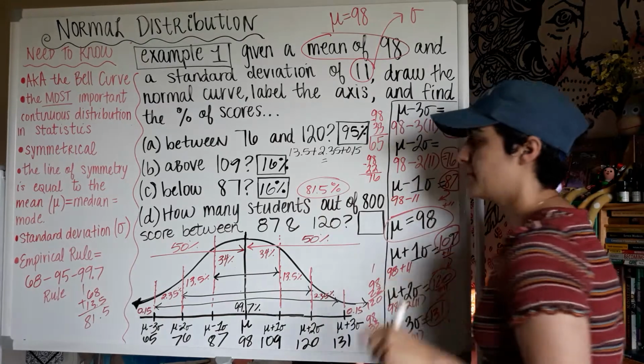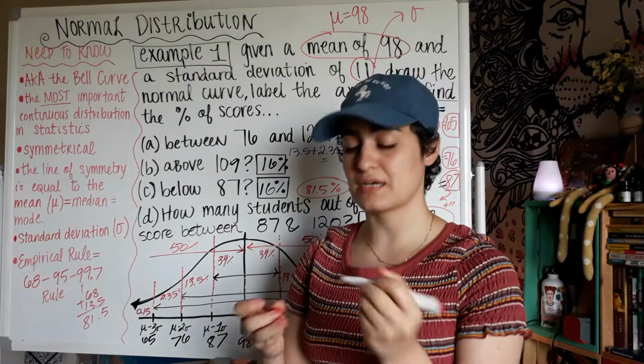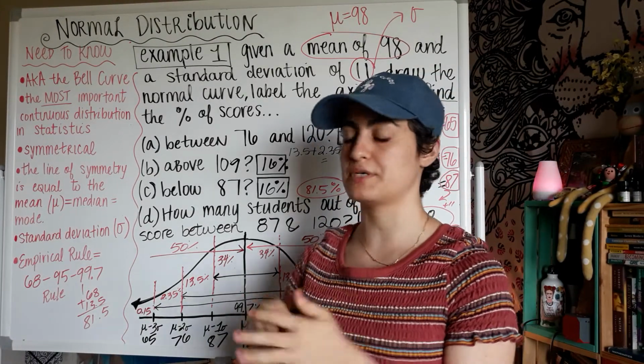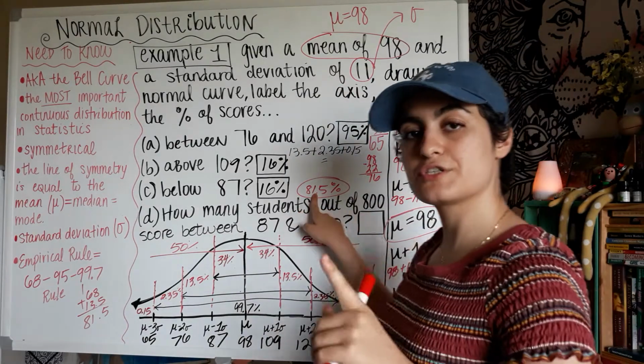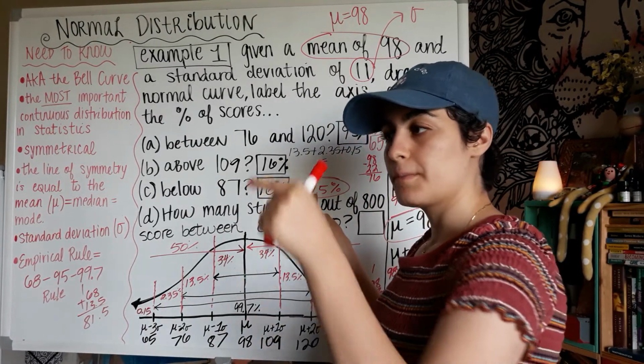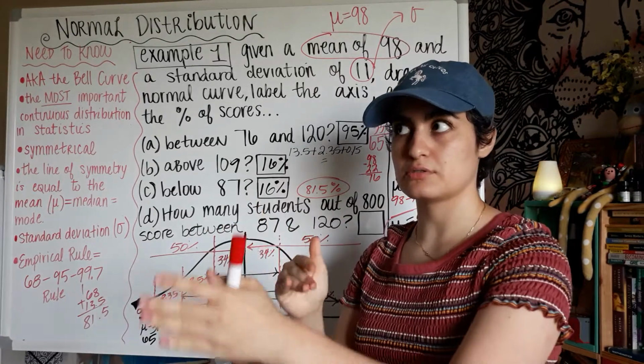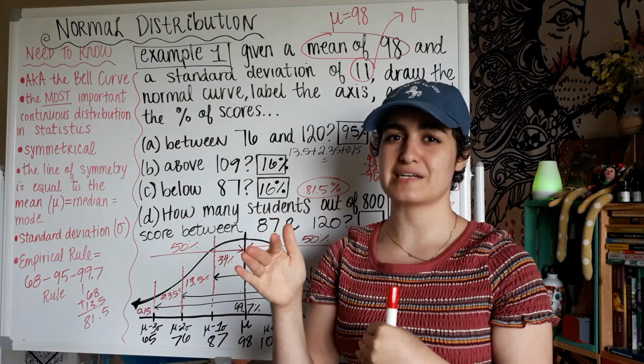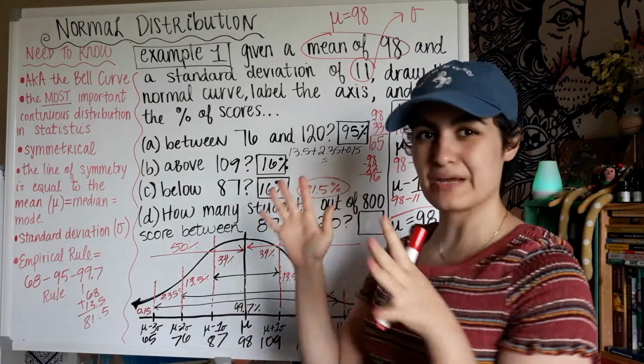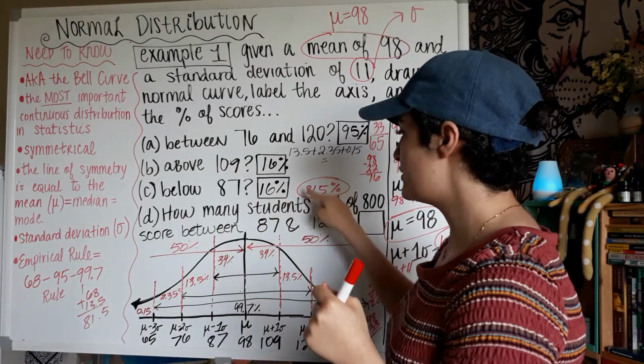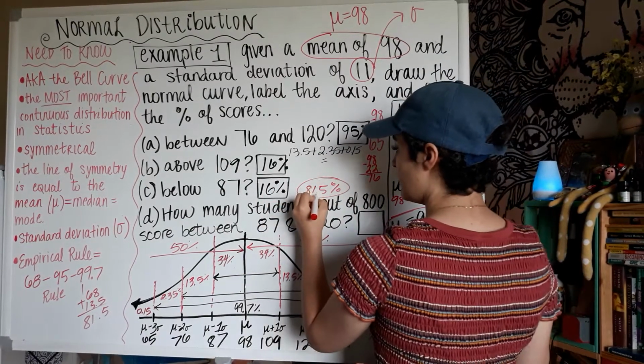81.5%. But I need the number of students. I need a nice whole number that's talking about actual human beings. So I am going to convert this into a decimal, not a percent. I know it's a decimal already, but we're going to get rid of that percent sign by moving it 2 places to the left.